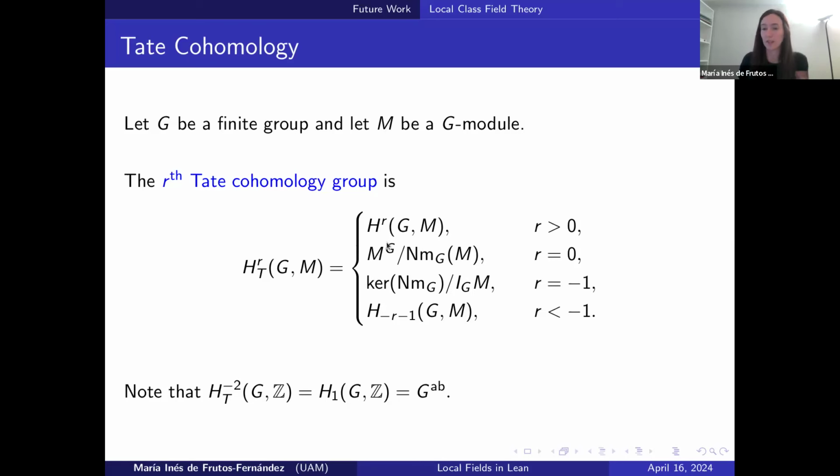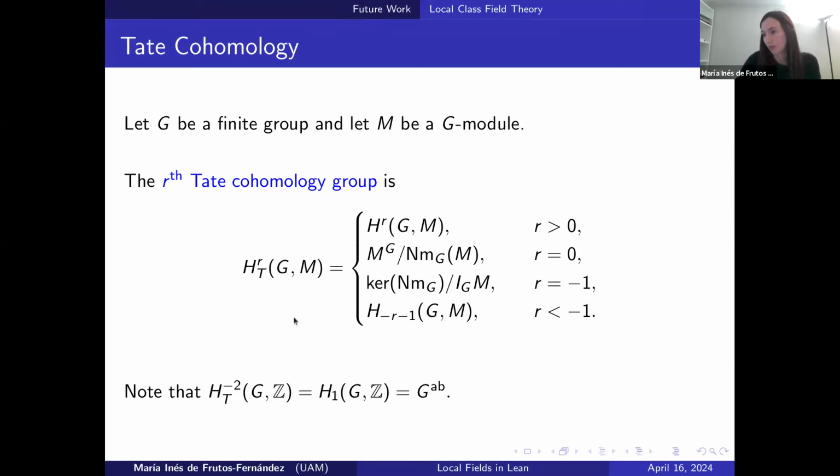And then we extend it into a cohomology sequence that goes to the negative integers. To do that, we have to define the 0 and -1 cohomology as these two quotients. And then for any r less than -1, we are going to define it as a homology group.